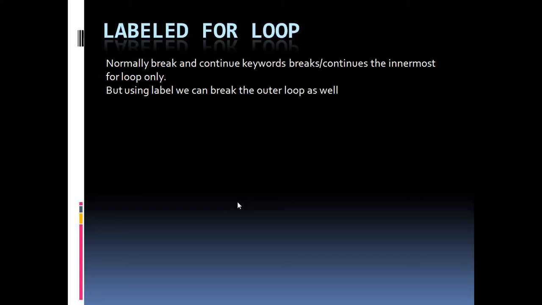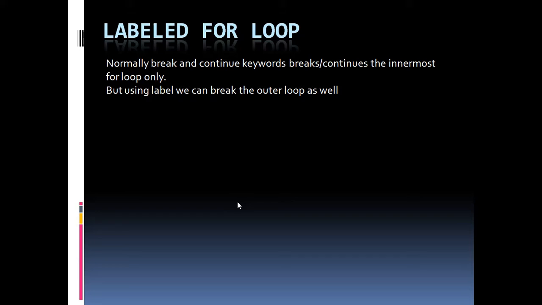And the labeled for loop. Normally the break and continue keywords break or continue the innermost for loop. If you use a break keyword, it will break the inner for loop. If you use continue, it will just skip the inner for loop iteration. But if you want to break an outside for loop, in the case of a nested for loop which contains 2 or 3 or more for loops, you can give a name to each for loop.